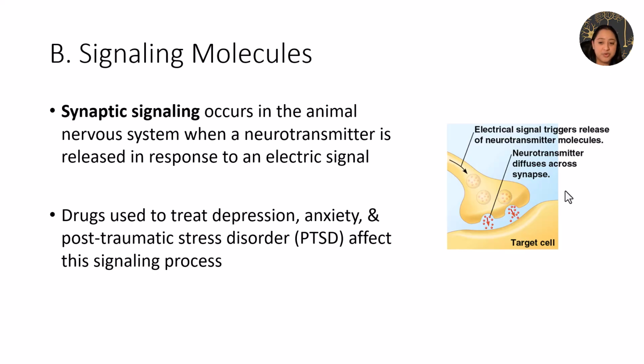Another example, which of course is my favorite, is the nervous system. So synaptic signaling happens between neurons, between nerve cells. In the nervous system, one neuron can make and secrete a neurotransmitter.